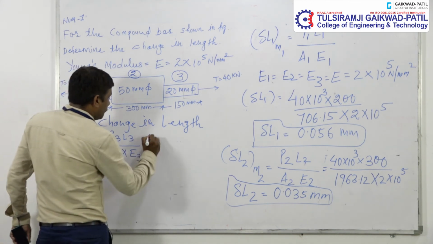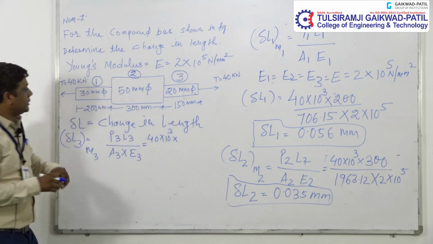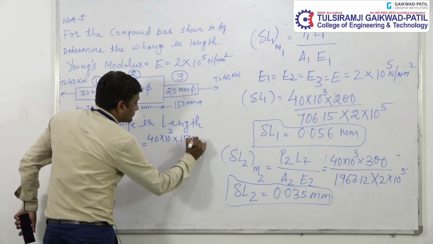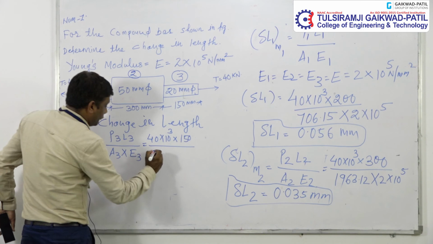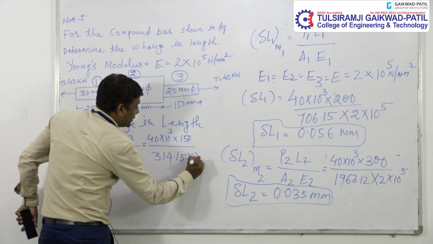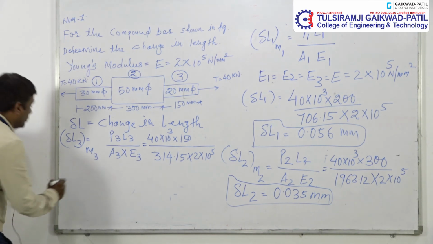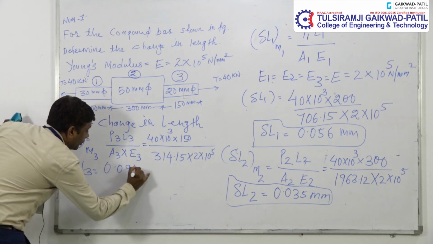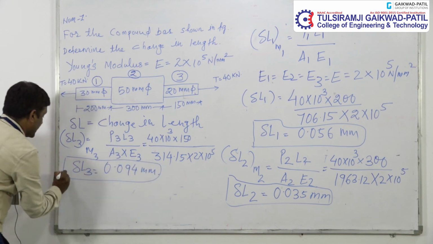So you will get 40 into 10 raised to 3 multiplied by L3, where the value of length is given as 150 mm. Again for this figure, the area we already calculated as 314.15 multiplied by 2 into 10 raised to 5. So if we do this calculation, approximately we will get the value of 0.094 mm. So this is the change in length for material number 3.